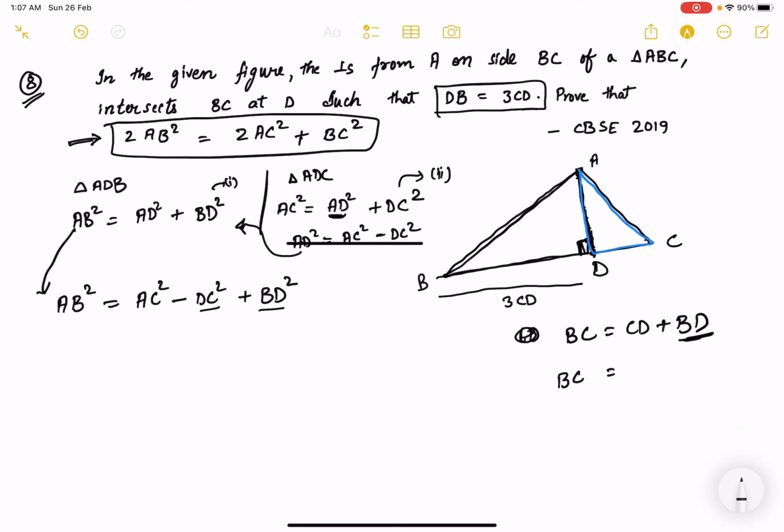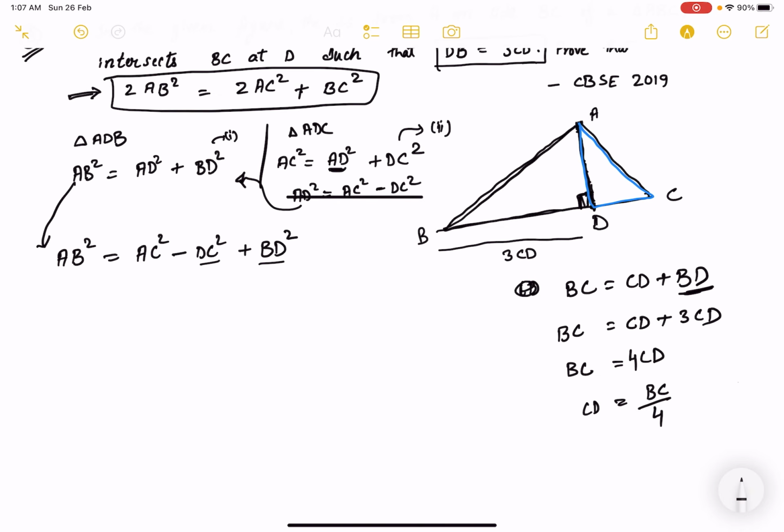BD we can substitute as 3 times CD, so CD plus 3CD, or 4CD is equal to BC, or CD is equal to BC by 4.